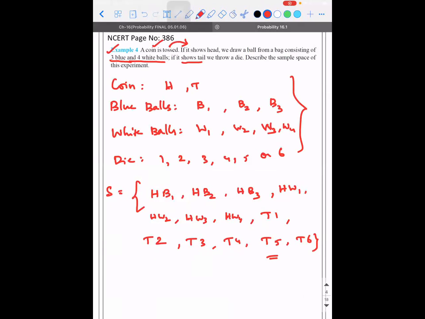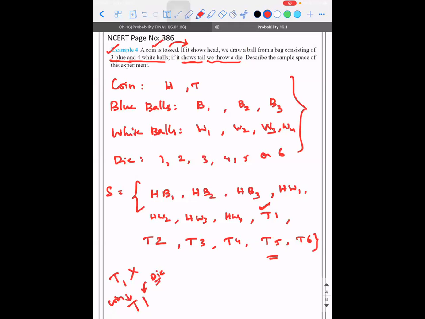Why T1, T2 till T6, sir? Because when he gets tail, what is he doing? If we chose a tail, we throw a die. We use the number of possibilities permitted. I understand what you're getting confused about. It is not tail number 1. Tail comes from the coin, and the 1 comes from the die.